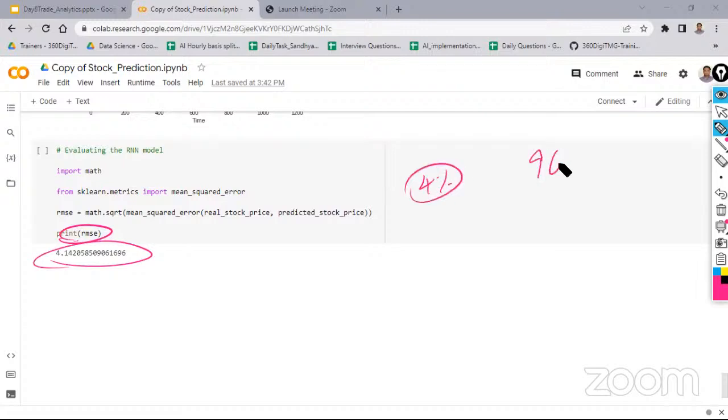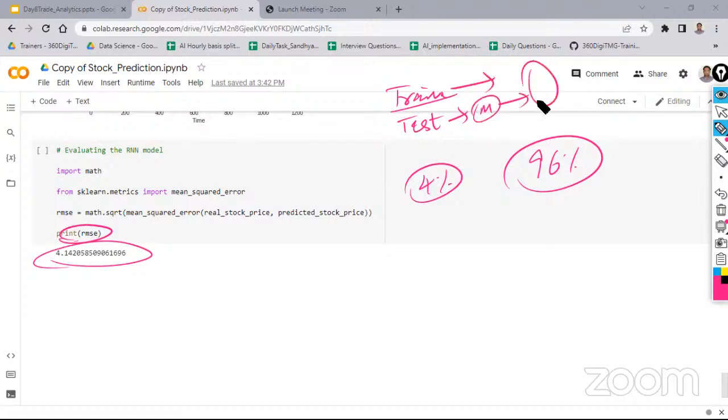So 96% it is accurate. So first we train the model by using train data. Next you will pass the test data into the model and you will know the accuracy. So if these two are the same, then you will say that the accuracy is high.